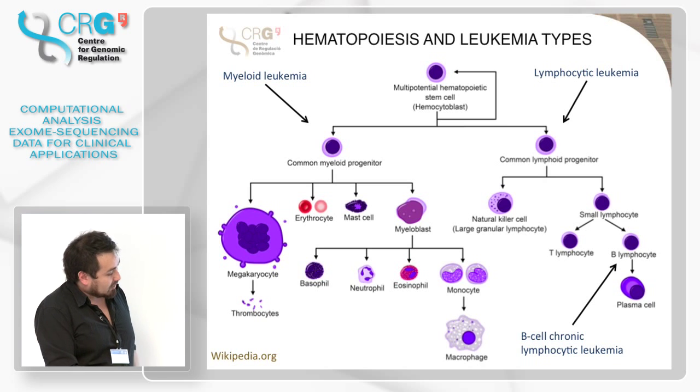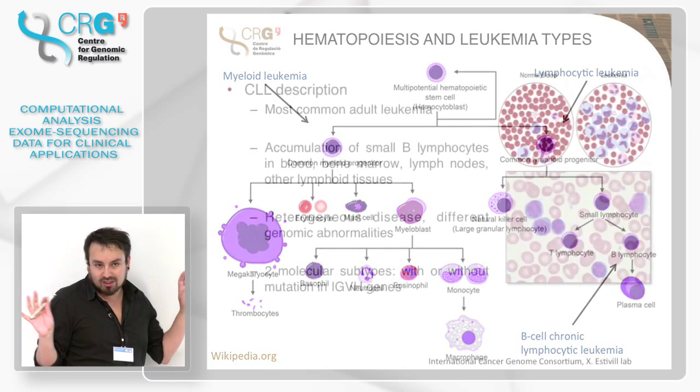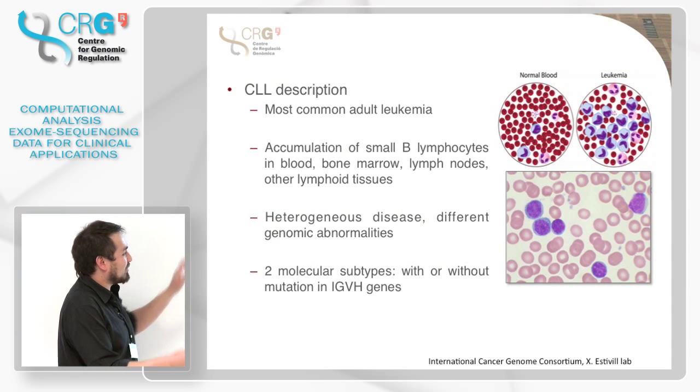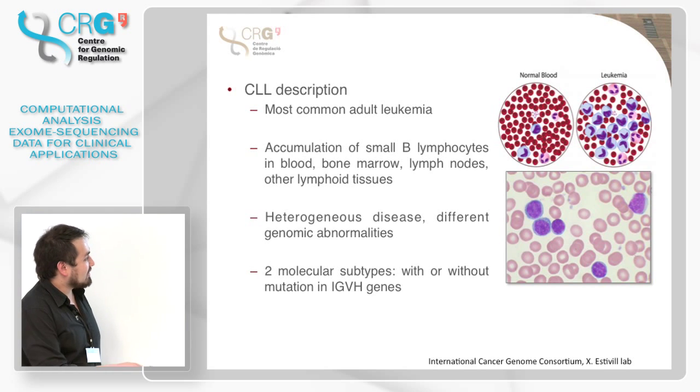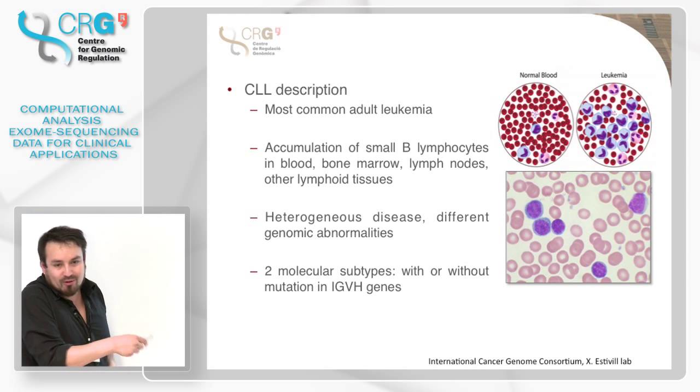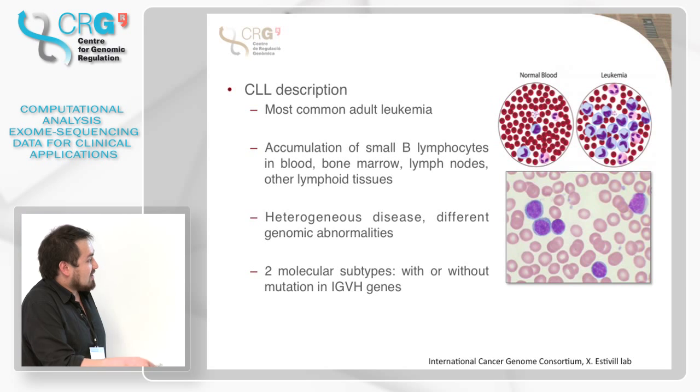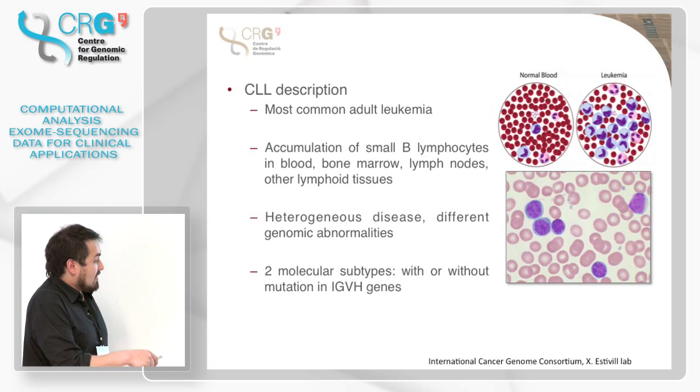So what we know from chronic lymphocytic leukemia, I'm not an expert, I'm not a clinician, okay? So I'm not an expert on the biological part of the leukemias. But what is known is it's one of the most common adult leukemias. You can observe an accumulation of small B lymphocytes in different parts of the body.